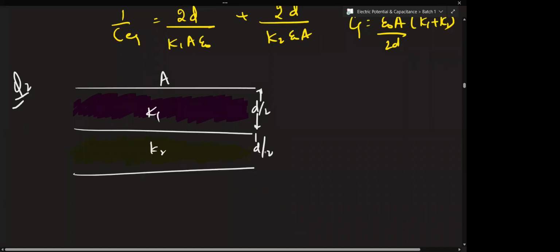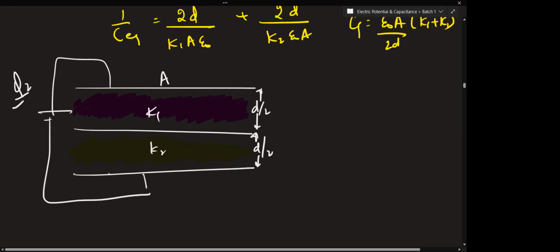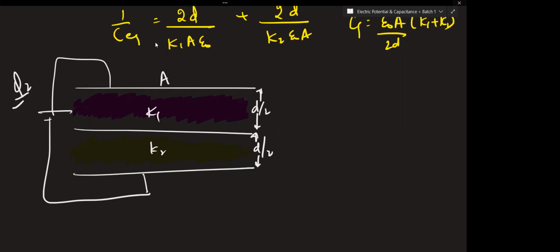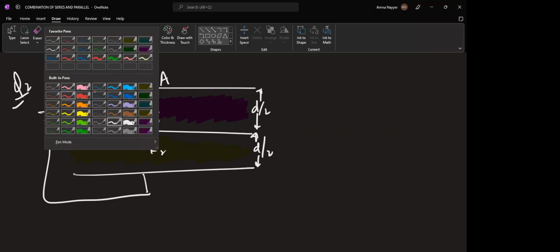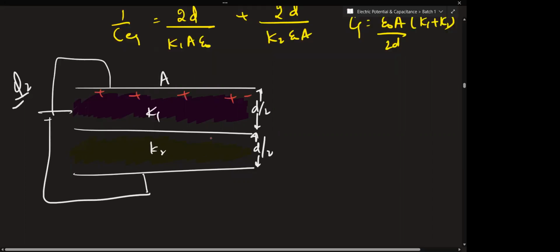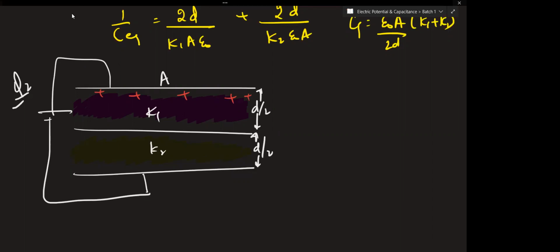If the distance is getting divided, from here you can identify that this is connected in series. So connected to a battery, one plate becomes positively charged, and this will become negatively charged.